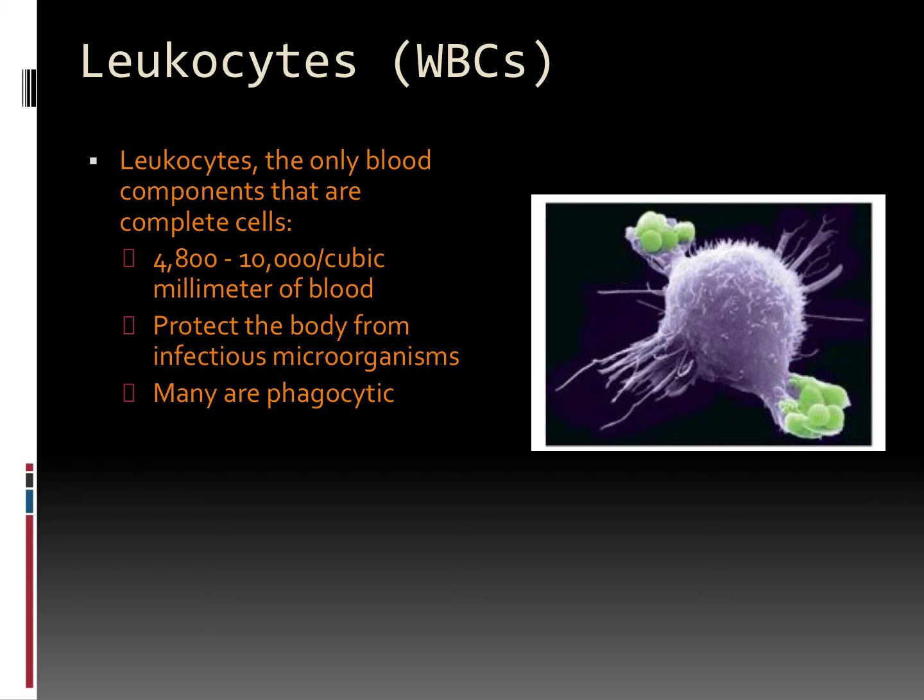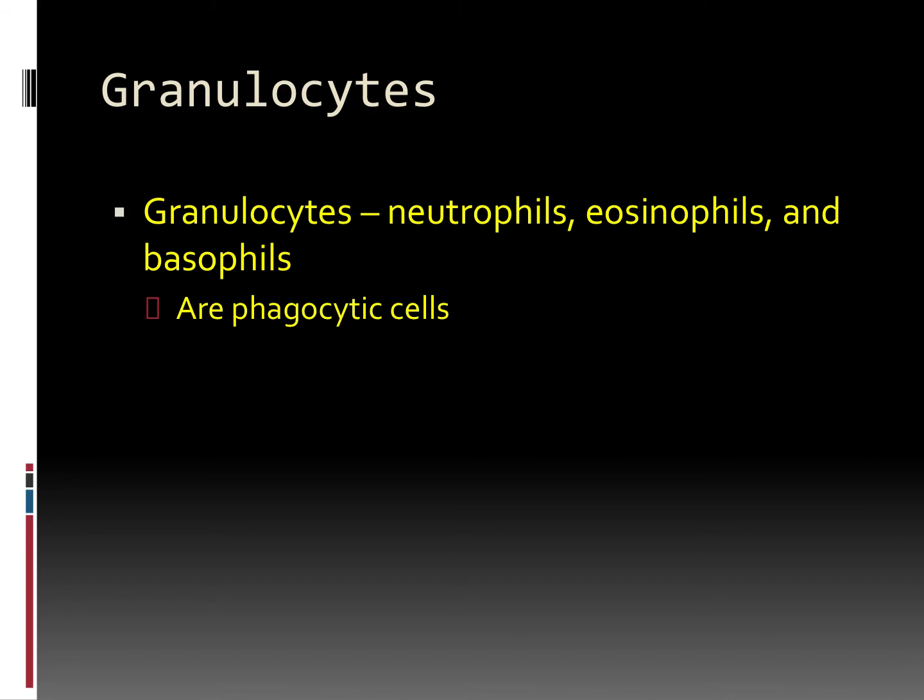Many of them, as you'll see, are phagocytic, which means they can engulf and eat, basically, these infectious microorganisms, and then they present those antigens to the body so that you can fight off whatever it is. Okay, so there are many different types of white blood cells that all do different jobs in the body. So we'll talk about some of them in more detail and some in less.